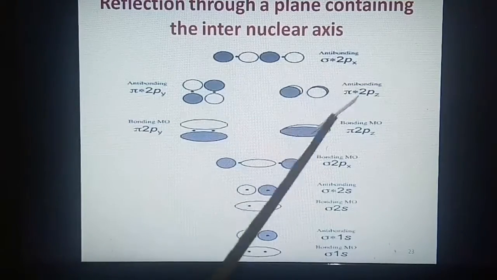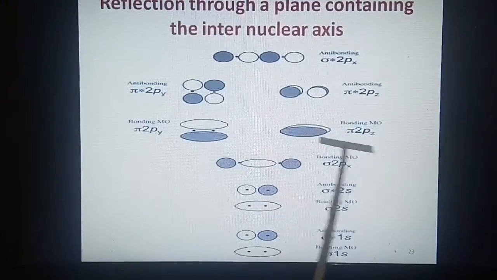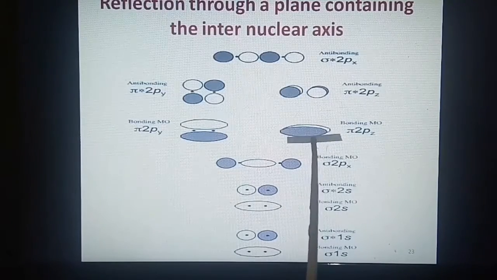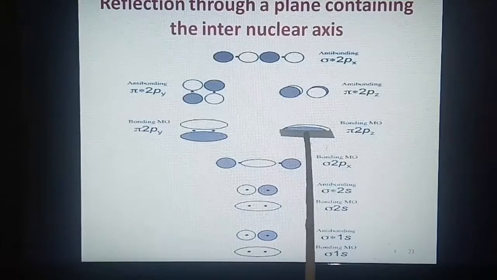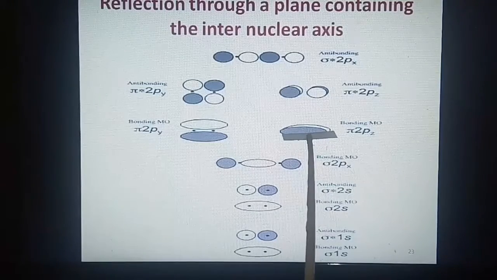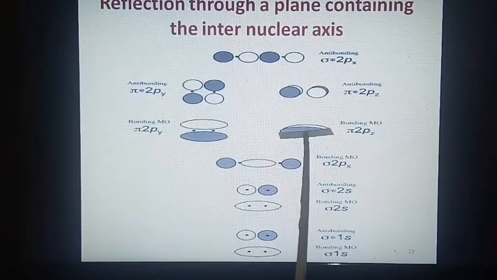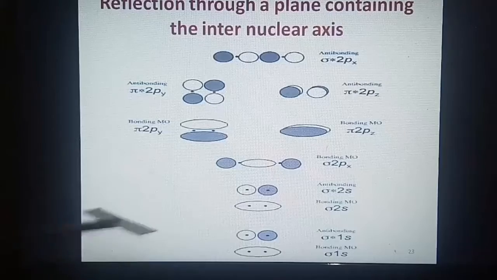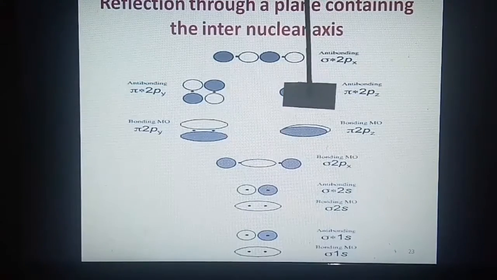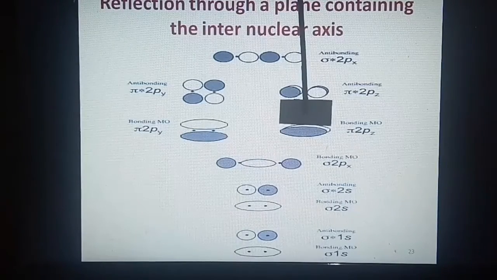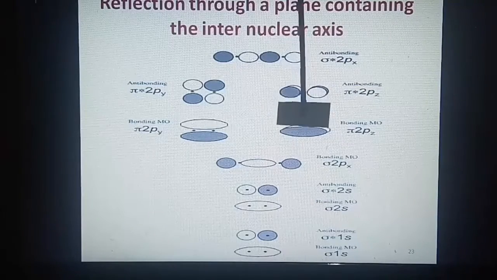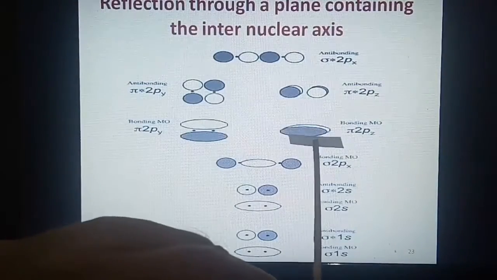And in the pi orbital again plus or minus both are possible. If we take this plane, it is symmetrical because it bisects the orbitals in this way. And if we take the plane from upper to lower, it will be antisymmetric. So this is plus, this is minus.